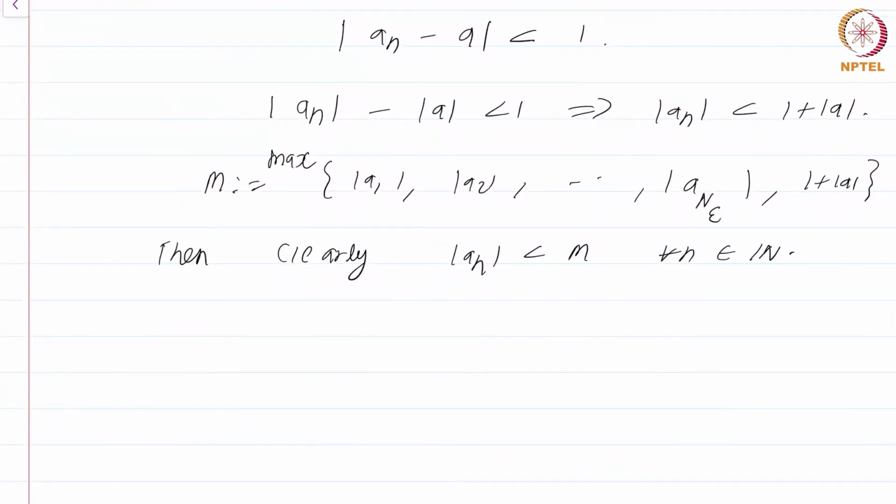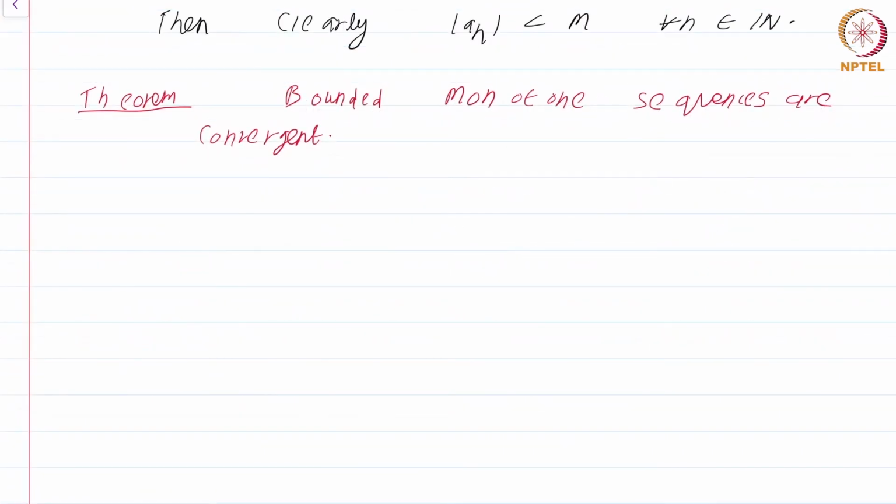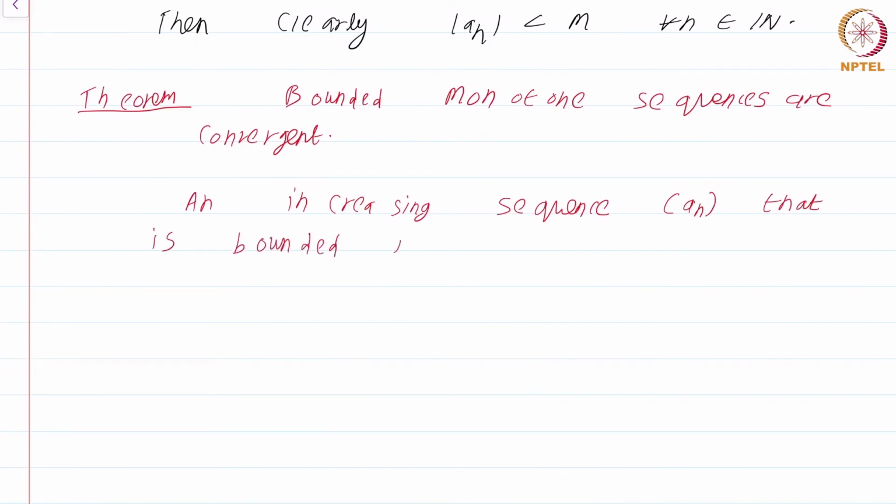Now we come to the important theorem that says bounded monotone sequences are convergent. An increasing sequence A_n that is bounded is convergent.